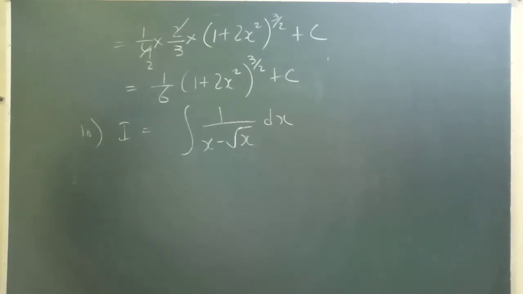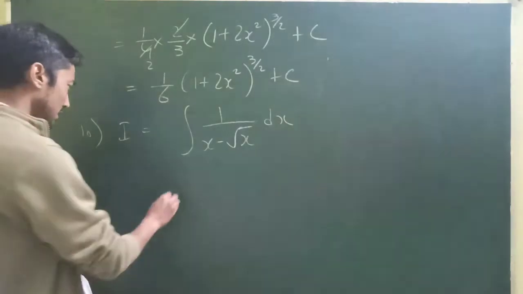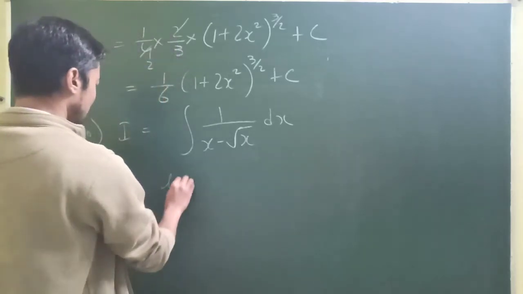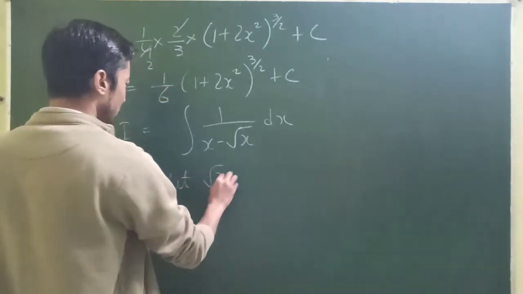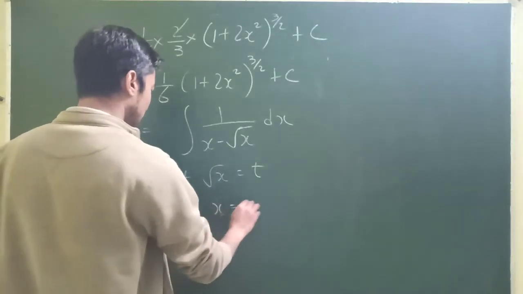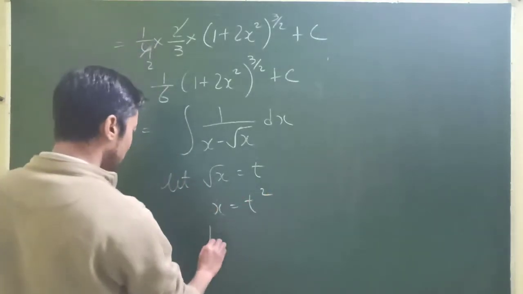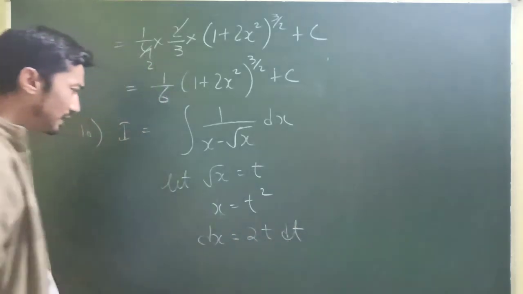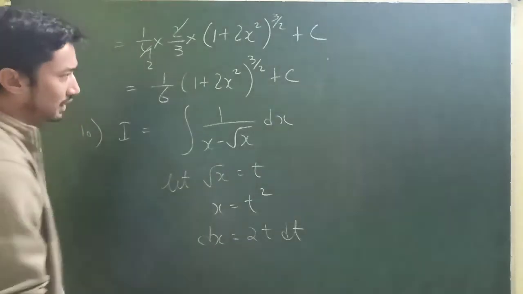Okay, so what can we do here? A little bit of simplification. Without simplification also we can do that. One option is, let root x be t. Then x is t squared, and differentiating both sides, dx is twice t dt. That's fine. Okay, so let's substitute.